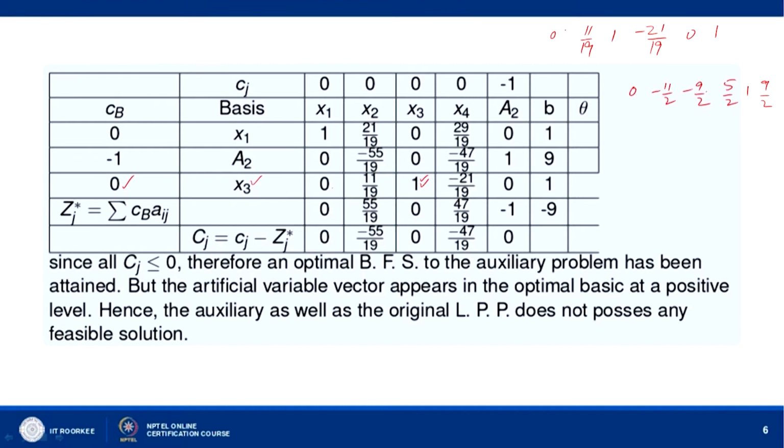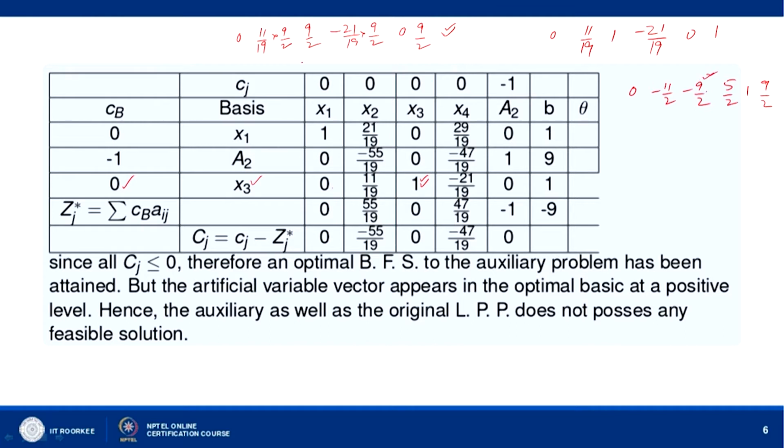So, we multiply it by 9 by 2 and add to this. When we multiply by 9 by 2, what does it become? 0, 11 by 19 into 9 by 2, and we get 9 by 2 there, and we get minus 21 by 19 into 9 by 2 here, and we get 0, we get 9 by 2 here. Now, we add this row to this row.